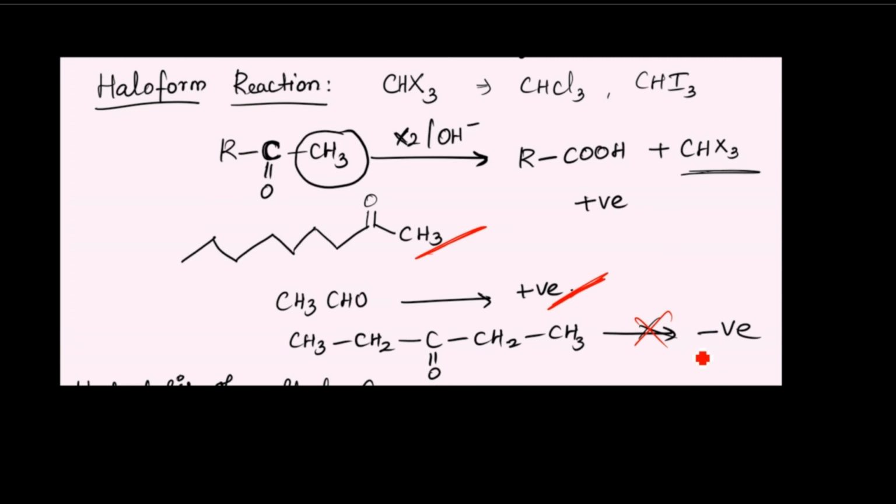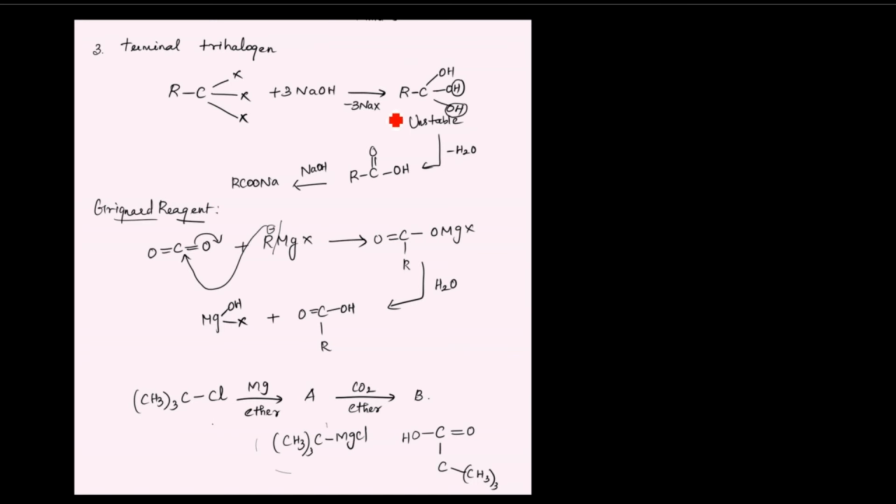So if they are mentioning that this is giving positive to the haloform reaction, then you have to assume that this is having the CH3 group directly attached with the functional group. So that is the clue point it is giving. Then the terminal trihalogen compound: all three OH groups will get attached over there, which is unstable, so it releases H2O to form carboxylic acid.